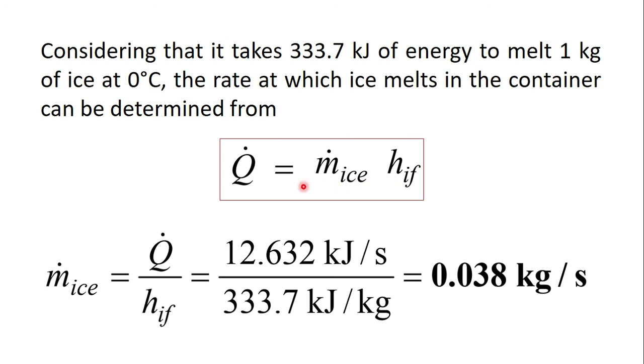If we rearrange this equation, we can put in the rate of heat transfer that we have determined in the previous slide and the heat of fusion given in the question statement, and after simplifying that, we will get the rate of ice melting inside the container. So the final answer is 0.038 kilogram per second.